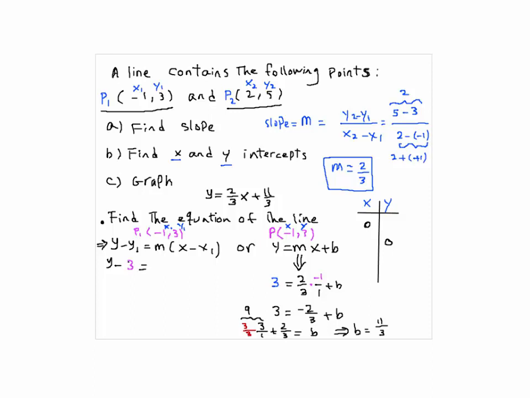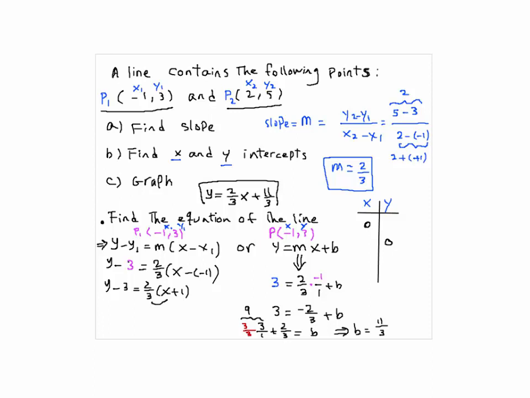Your slope is still 2/3. X minus x1 is -1. So you get y minus 3 is equal to 2/3 times x plus 1. Now if you solve this for y, you get the same answer as here. Which is, this is a lot easier.